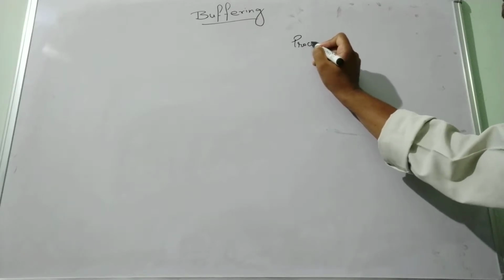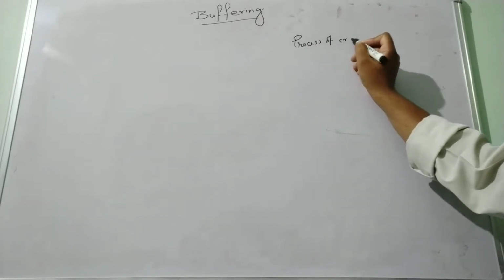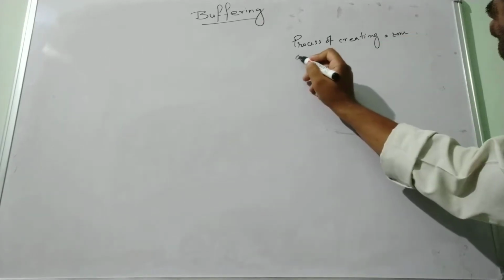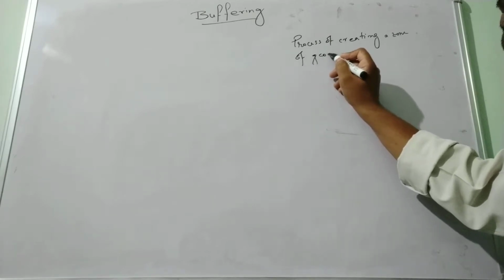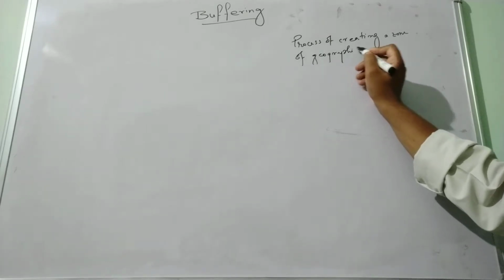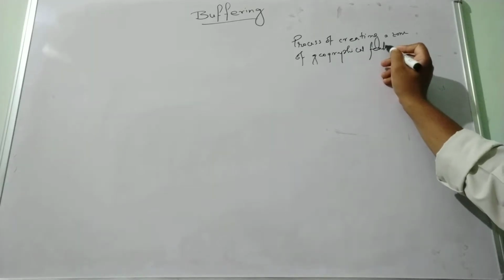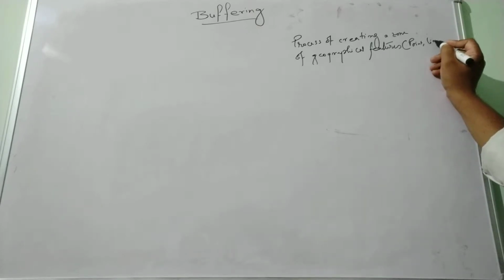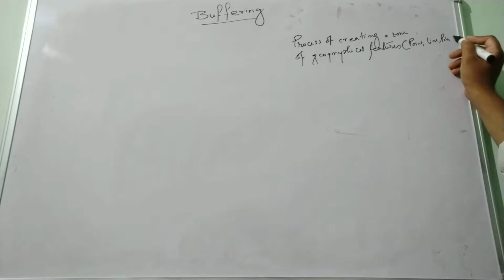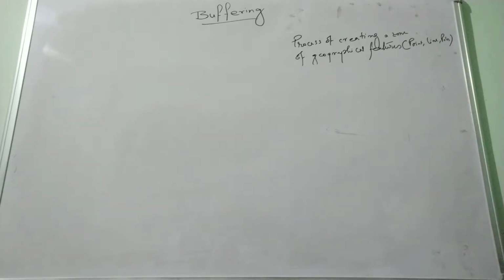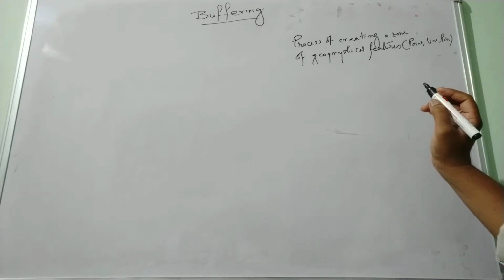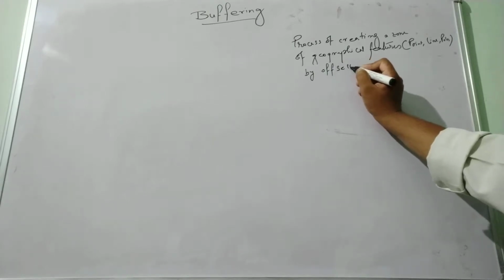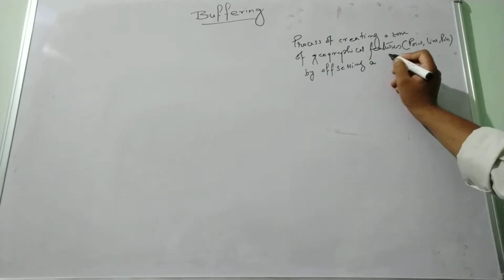It is the process of creating a zone of geographical features like point, line or polygon by offsetting a user defined distance.